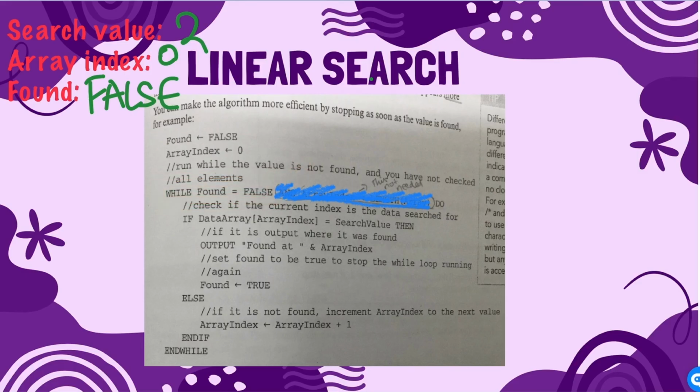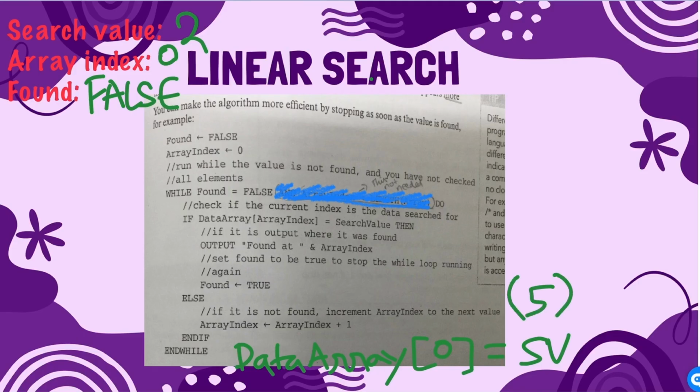If data array index is equal to search value, then okay, this is the same code line we have done before. It's data array and then the array index, which is 0 right now, is equal to our search value, which is 5 right now.